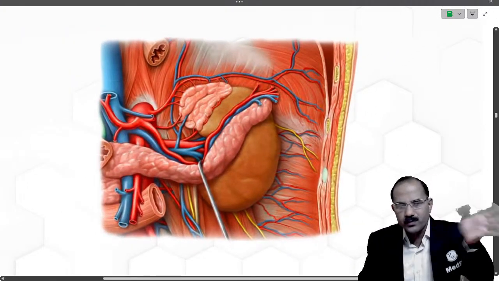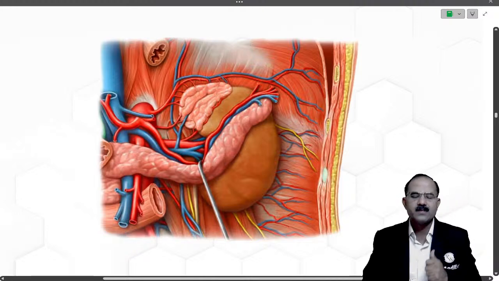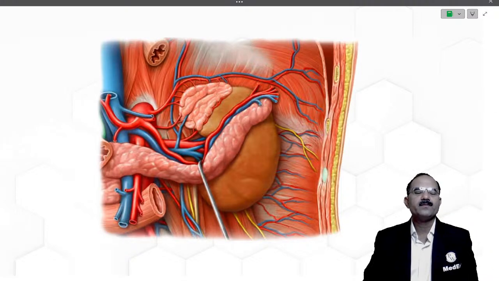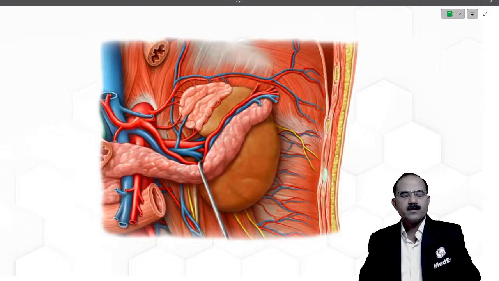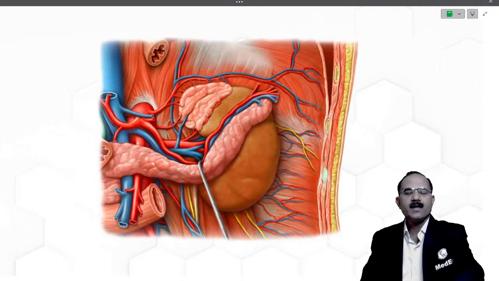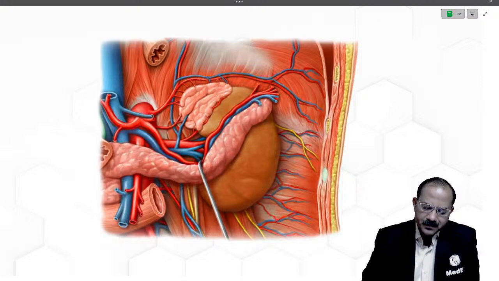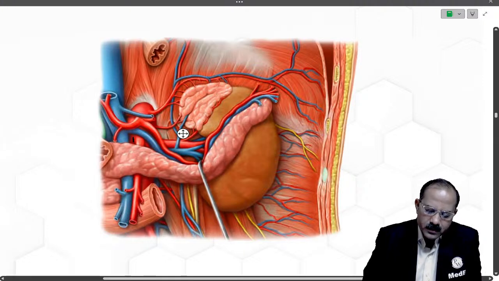The slides are beautiful, students. Just try to understand the slides. This would be easy then to understand. Okay. The posterior relations of the body of the pancreas. Can anyone tell me? I'll just put numbers here for you. Number 1 is this. Number 2 is this.